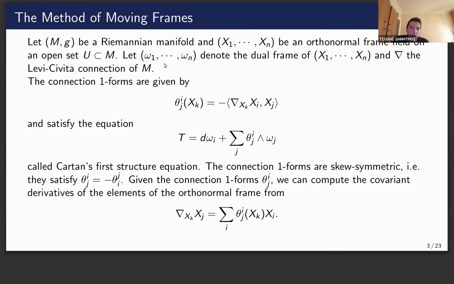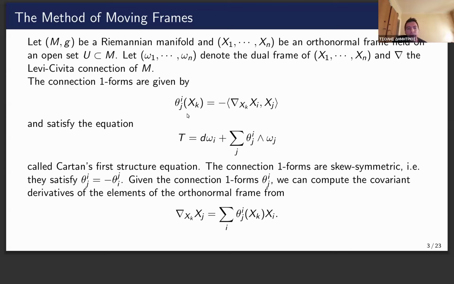So once we have this dual frame, we define the connection one forms by essentially this expression here, which is the Riemannian product of this Levi-Civita connection of those fields, and this is essentially the definition. Now we can solve this also for this, because this is orthonormal. We can also write it like this.